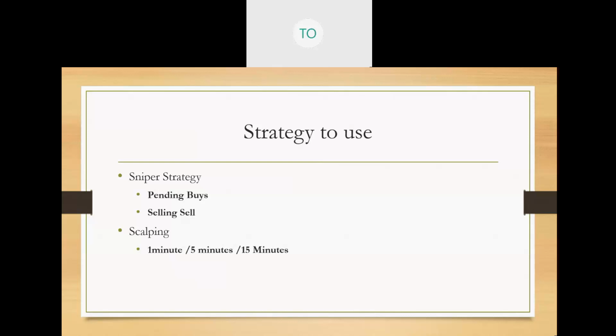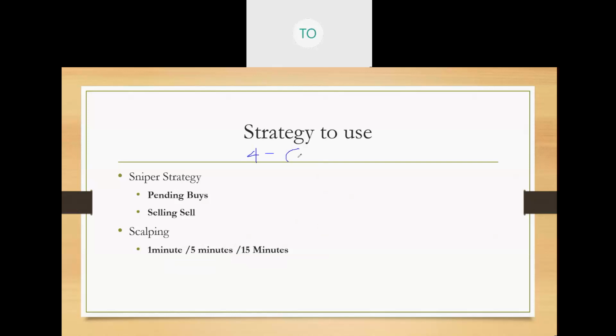Now, on the scalping, I told you before that the magic numbers, I'm saying recommended numbers, for you to use in terms of alignment is a ratio 4 to 6.